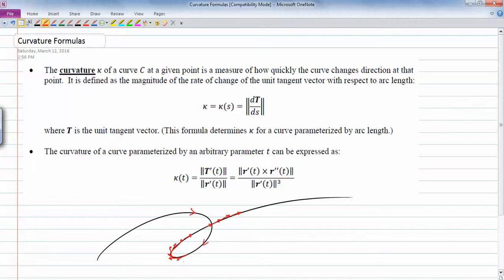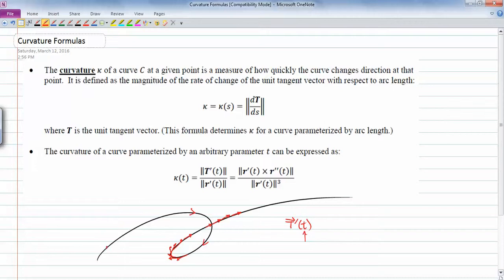So a lot of students think that this should be represented. You're measuring how fast the unit tangent is changing as you move around the curve. A lot of students think that should be T prime of t. But that's not actually the case because little t, if you think of it as a time parameter, there's nothing that says you're moving at a constant velocity around this thing.